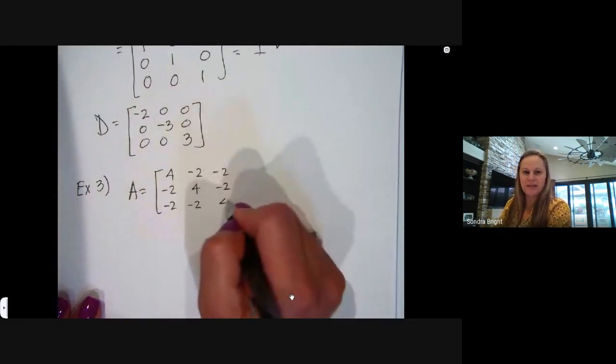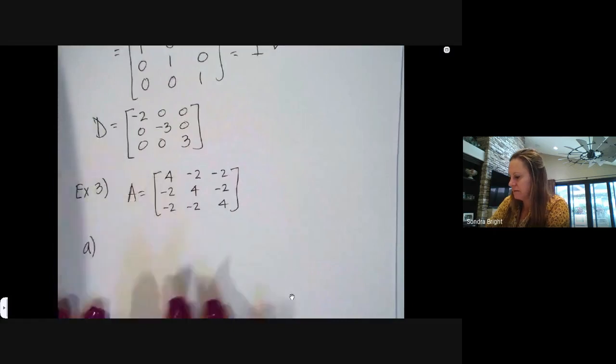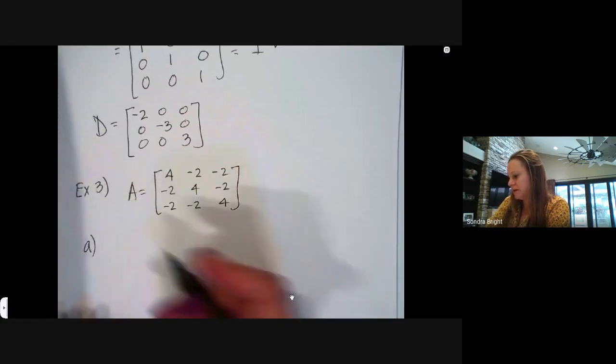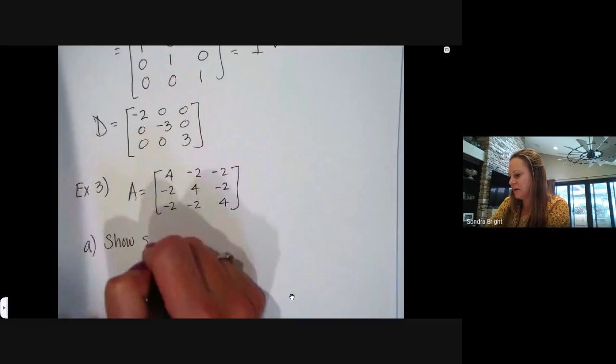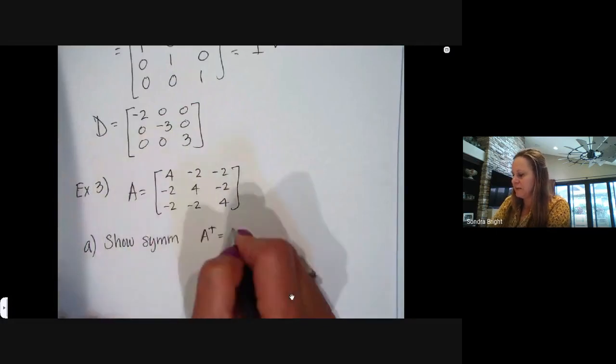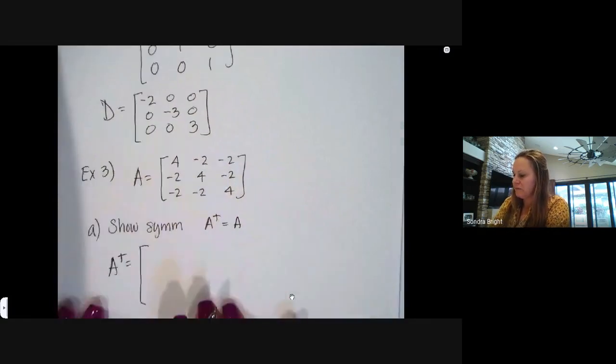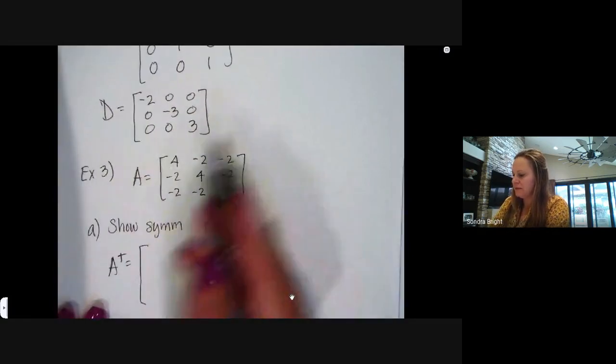So the first thing is, let's show that it's symmetric. You're going to show symmetric by showing that A transposed is equal to A. So what would A transposed be? We're going to take row 1 and make it column 1: 4, -2, -2.